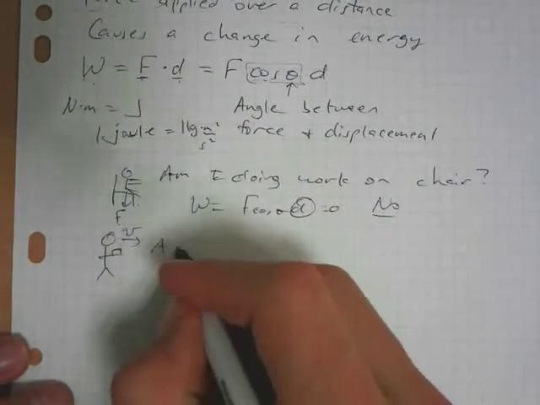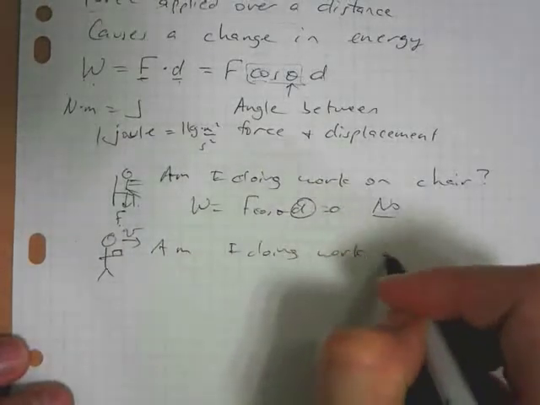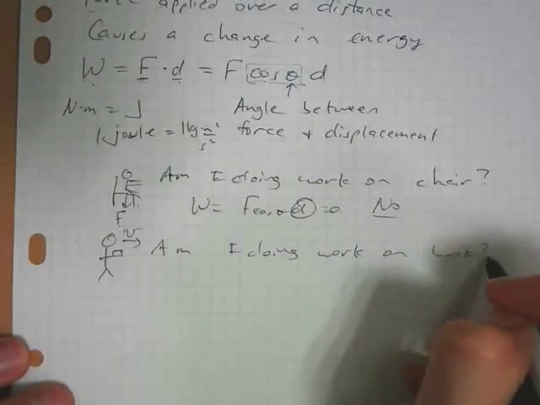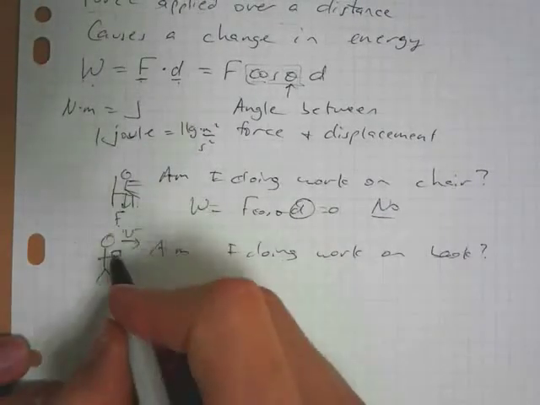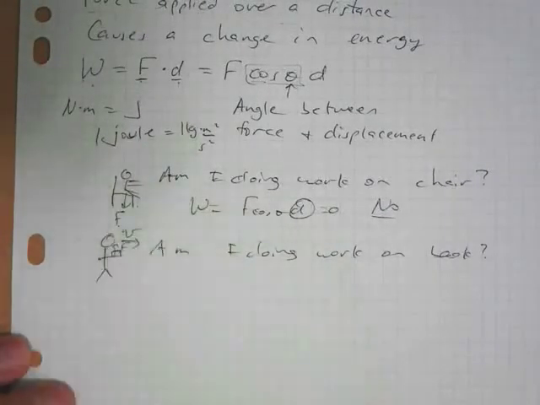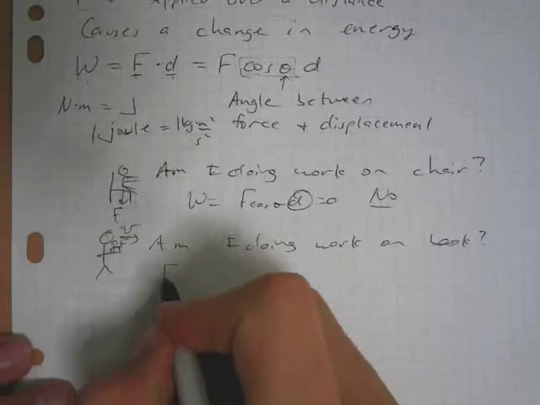And then the question is, am I doing work on the book? Now, of course, I am exerting a force on the book. I'm exerting an upward force that cancels out the gravitational force acting on the book. But my force is upward.